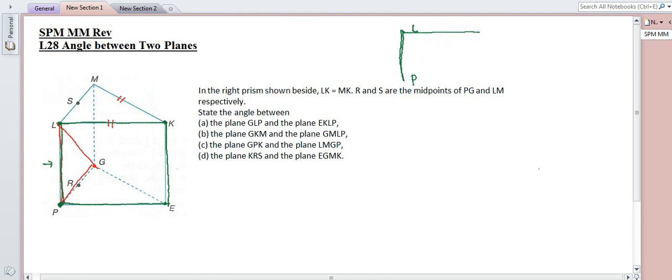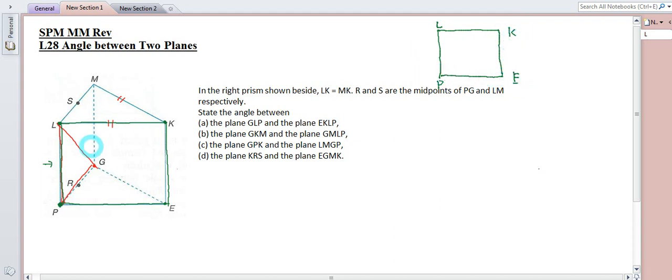Let me draw it again. Try to draw nicer. This is L, this is P. This is K, this is E.